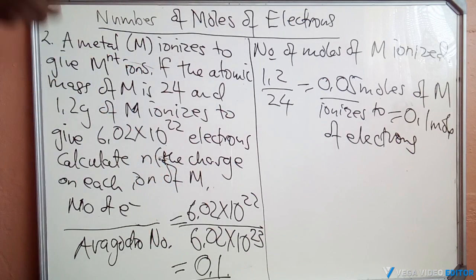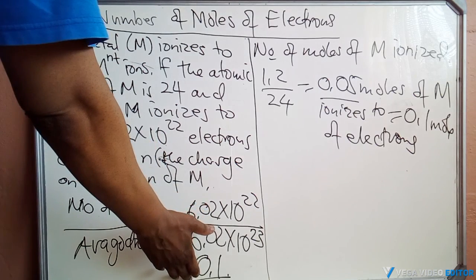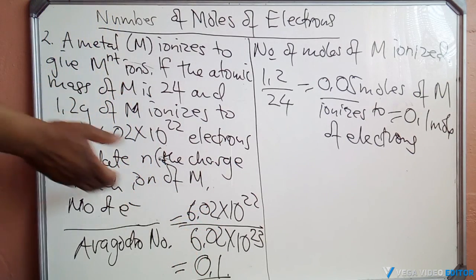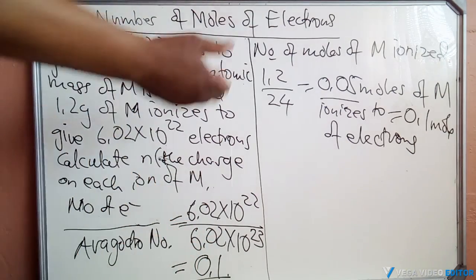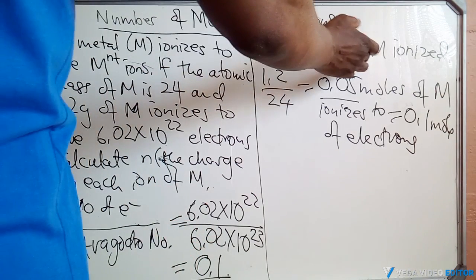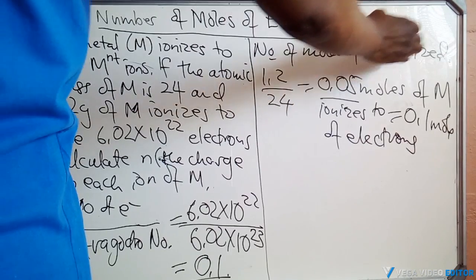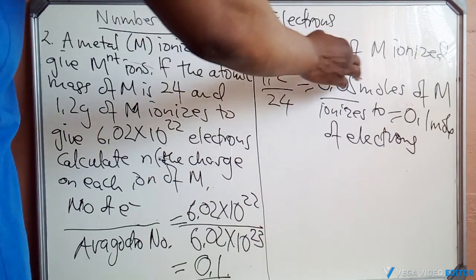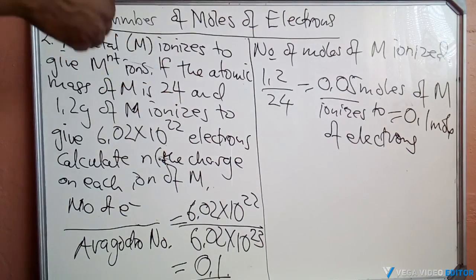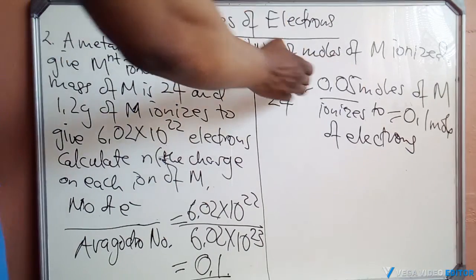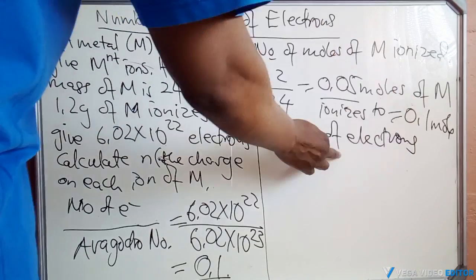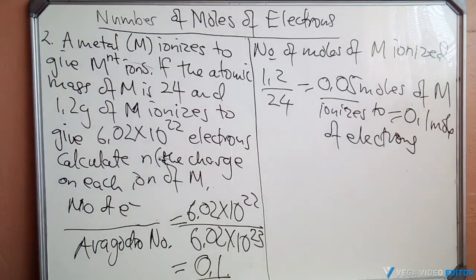So once we have found that 0.1, the number of moles of electrons, we went ahead and found the number of moles of M which is actually ionized, which is 0.05 moles. So 0.05 moles of M gives us 0.1 moles of electrons.